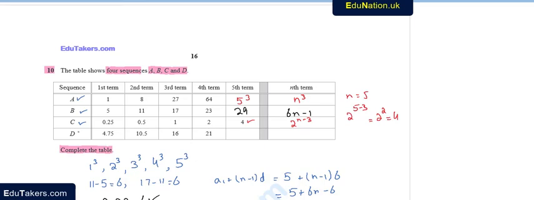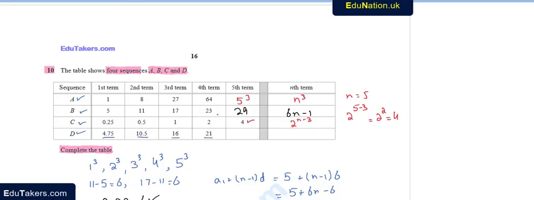Now the last one is sequence D, which is 4.75, 10.5, 16. Can you see that if I subtract C from B, 5 minus 0.25 is 4.75, 11 minus 0.5 is 10.5, 17 minus 1 is 16, 23 minus 2 is 21.